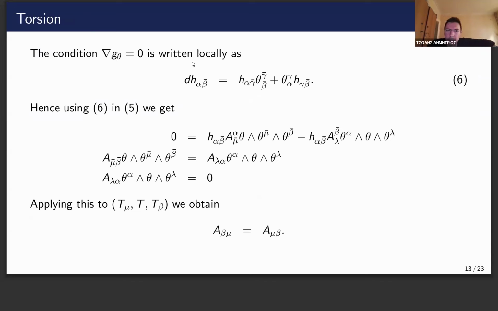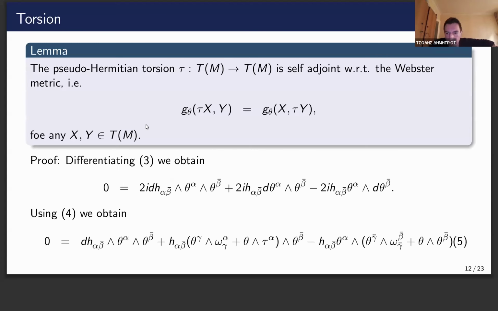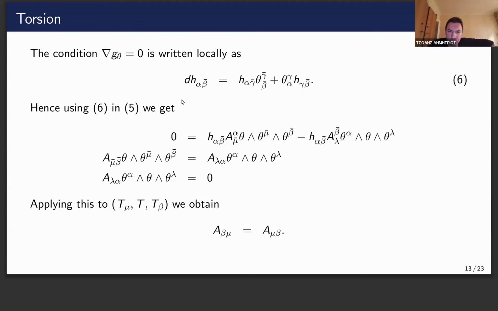This is written locally, and you can write this locally as this expression. This is similar to the Riemannian case, but we have h here. Now, h, when we have an orthonormal frame, will be a constant, so this is 0, but we'll just write it in a more general way. And using 6 and 5, those expressions together give this.